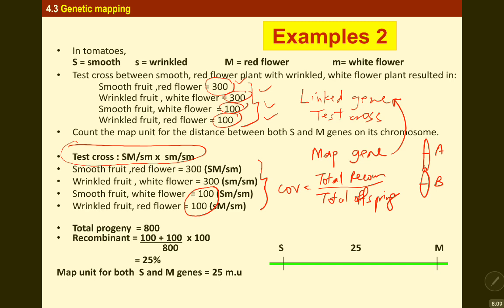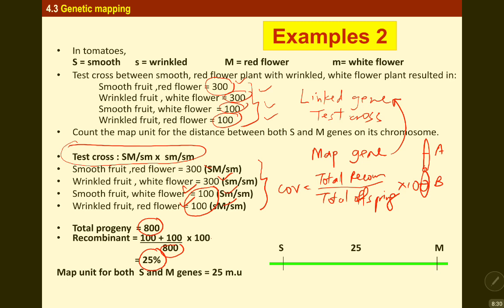So now total progeny is 800: 300 plus 300 plus 100 plus 100. Total recombinant 100 plus 100, times 100. Okay, the formula.